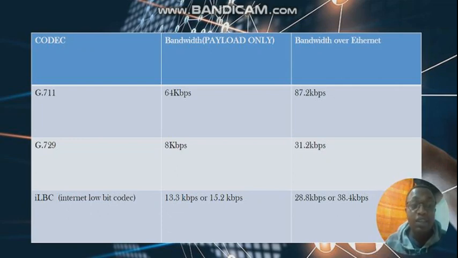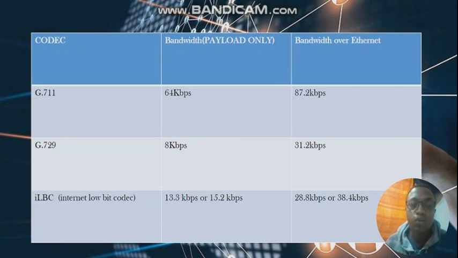Now, the G711 codec had a payload-only bandwidth of 64 kilobits per second, but when you send it over Ethernet, you'd increase the size of the packet, and you'd have a bandwidth of 87.2 kilobits per second.